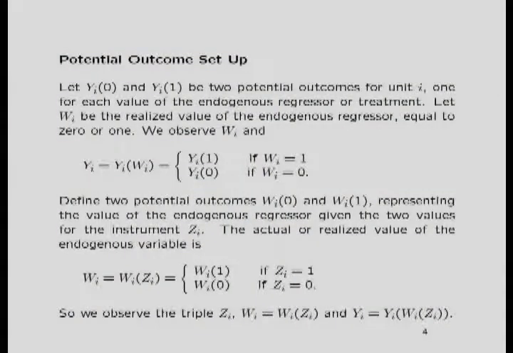But what I just described was the standard setup, or the standard estimator. I want to go back to the potential outcome framework for setting this up in order to formulate the critical assumptions. So that's going to start again with two potential outcomes, Y0, Y1, one for each value of the treatment. W is the value of the treatment, and the outcome we observe is Y1 if W is 1 and Y0 if W is 0.